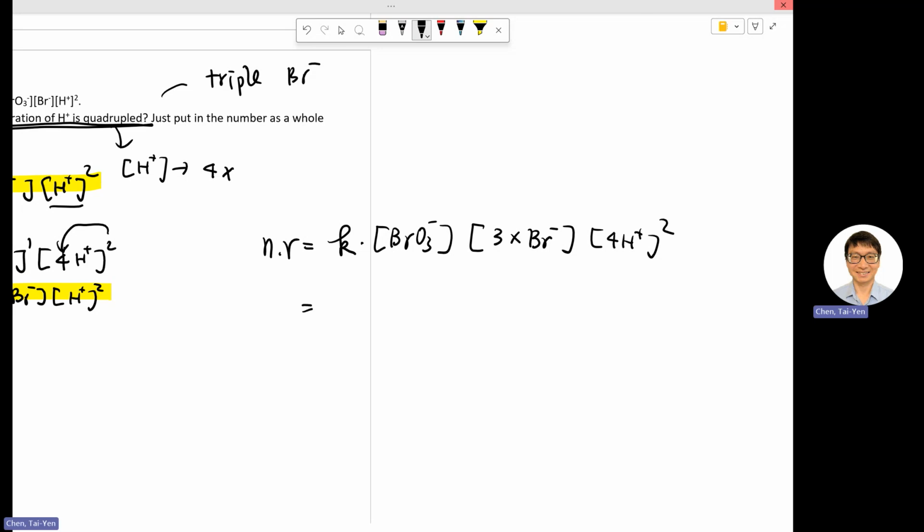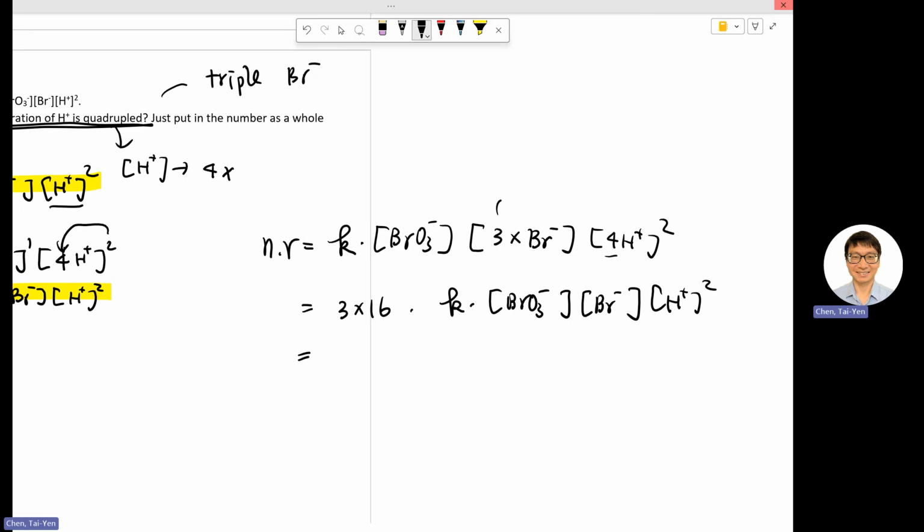Once you have this, you can put all the coefficients at the very beginning. These three, this is 16, so that's 48. I'm going too fast. It's 3 multiplied by 16, times K times BrO3 minus times Br minus times H plus to the second power.